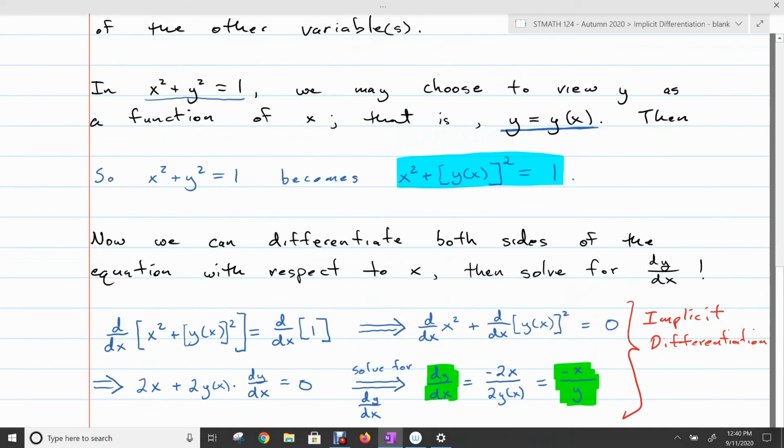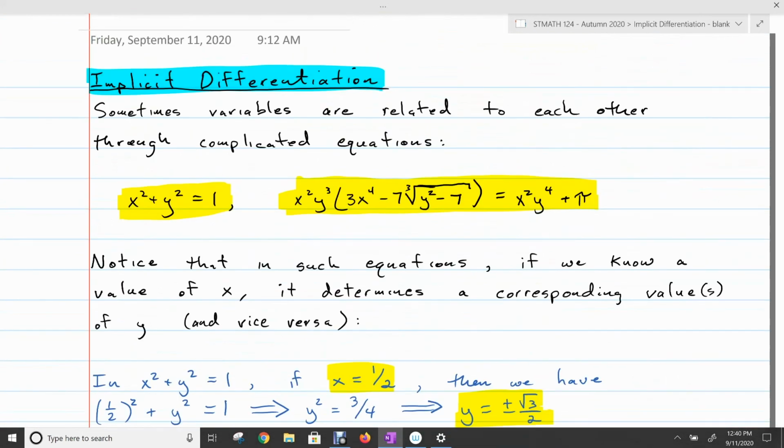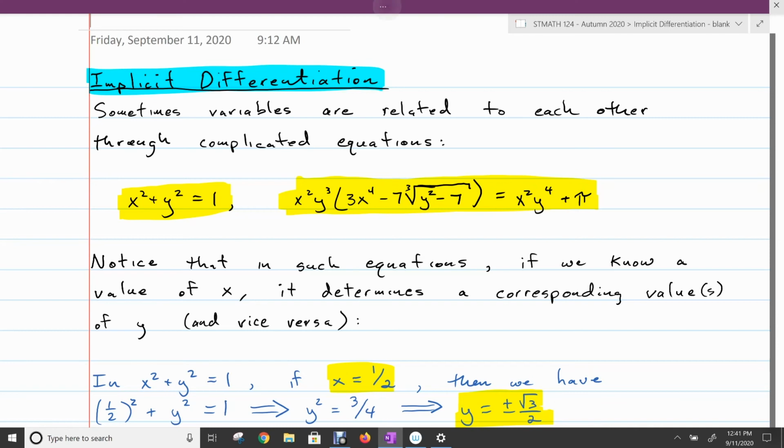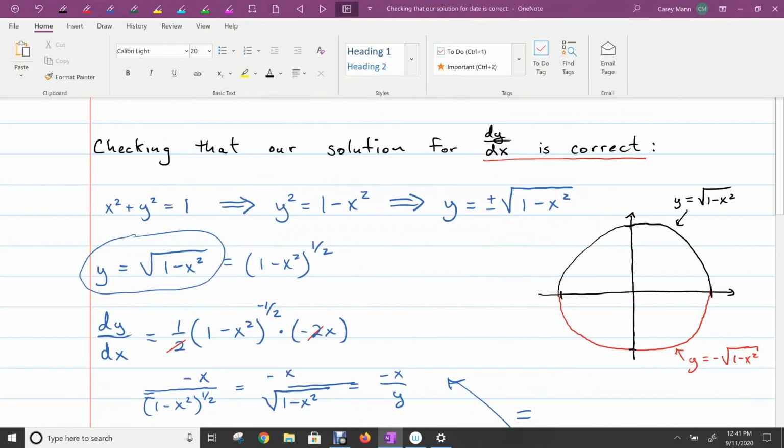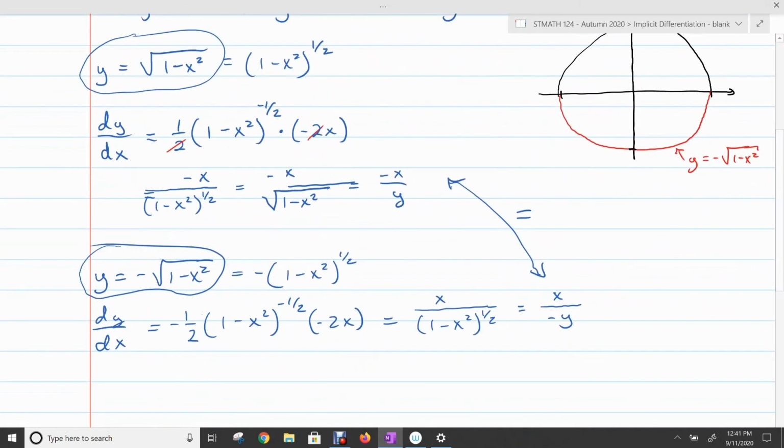But I challenge you, say in the second yellow equation there, the really complicated one involving the cube root of y squared minus 7, that big thing. You just aren't going to solve that for y in terms of x and then differentiate it that way. You just can't explicitly solve for y. So you can see where this implicit differentiation process is handy, because it doesn't require you to solve an equation for y in terms of x, which may be impossible.